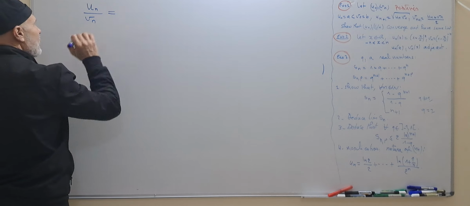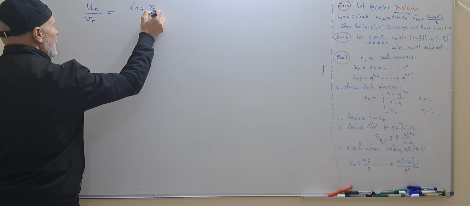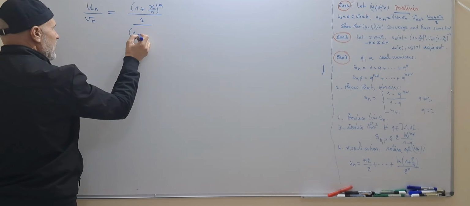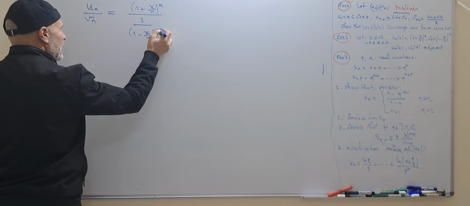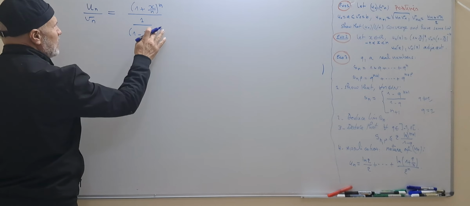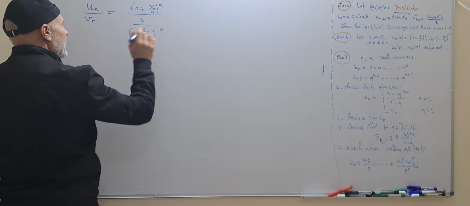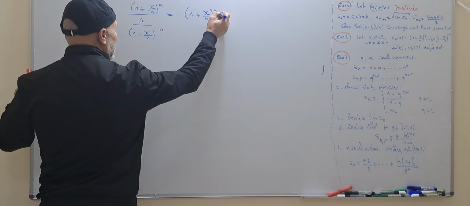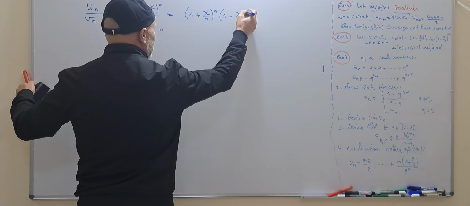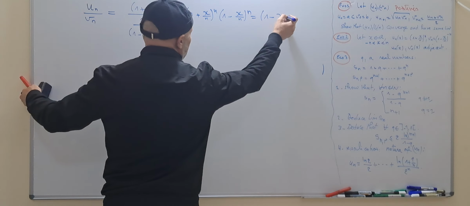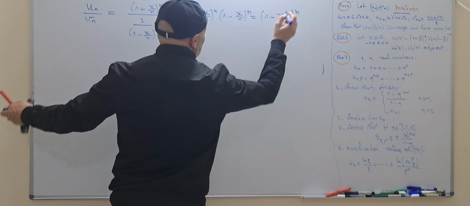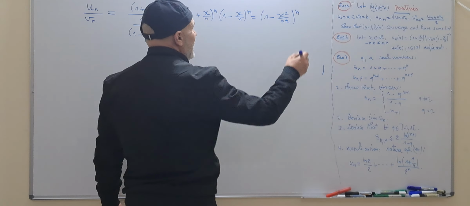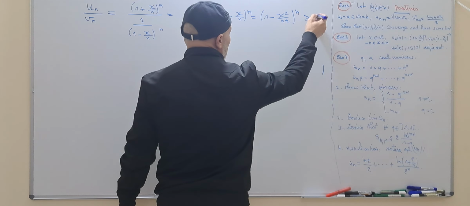This is equal to 1 plus x over n, power n, divided by 1 divided by 1 minus x over n, power n, which is equal to 1 plus x over n times 1 minus x over n, power n, which is equal to 1 minus x squared over n squared, power n.